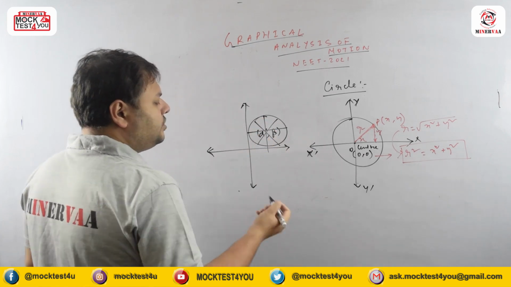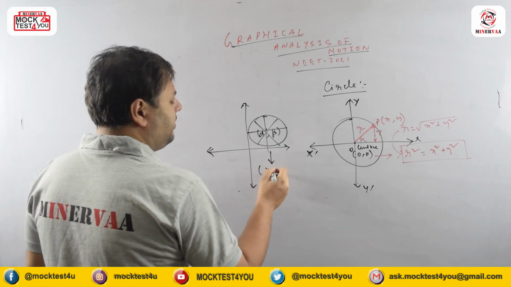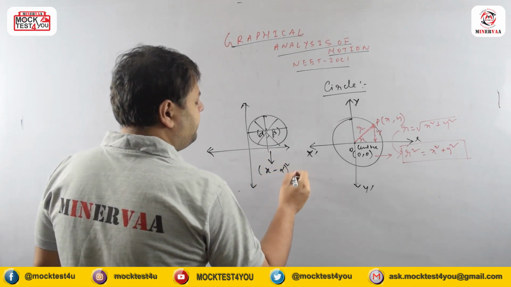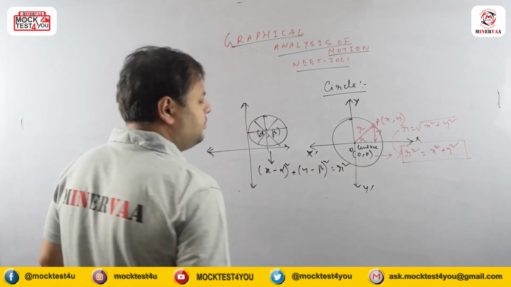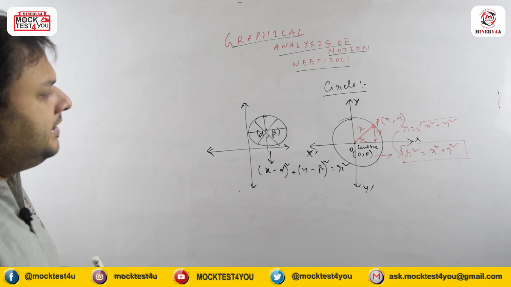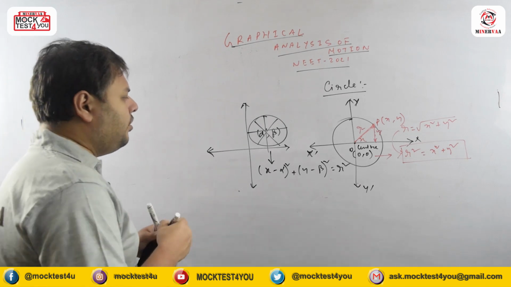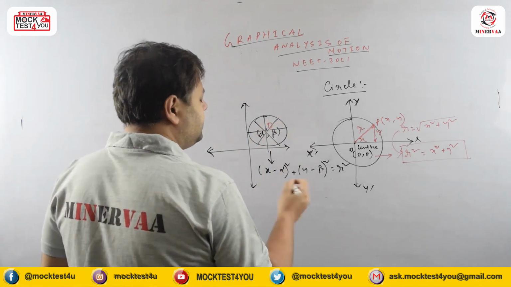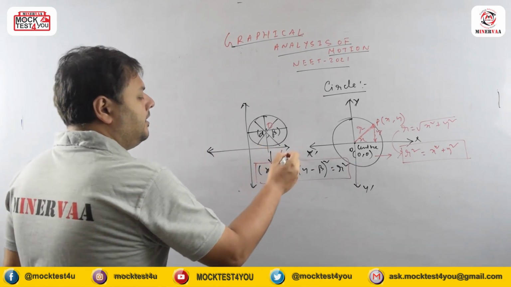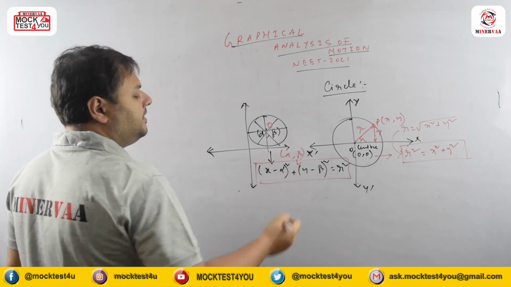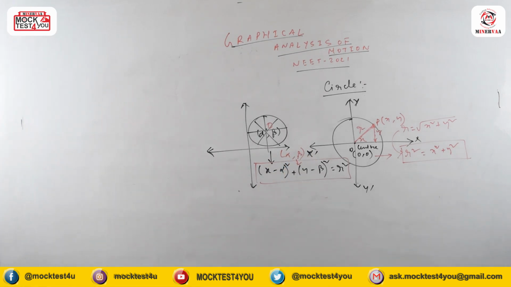So for this kind of circle we have the equation x minus alpha whole square plus y minus beta whole square equals r square. So when the center of the circle is at a point of coordinate alpha, beta, the equation of the circle will look like this only.